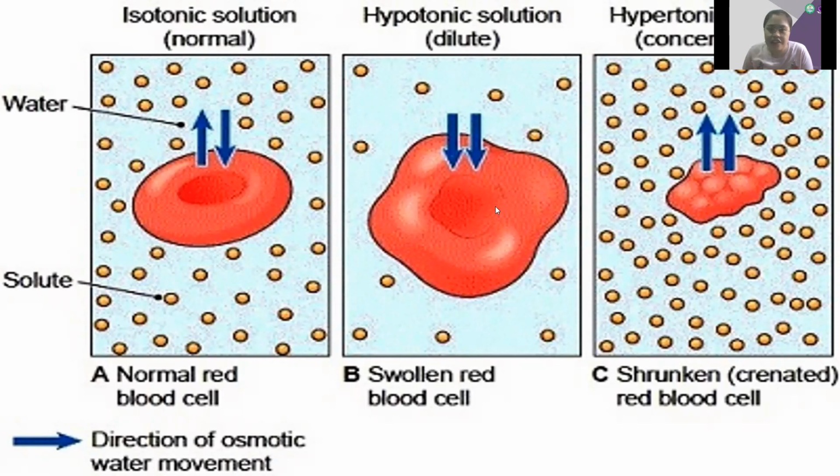Okay? And then you inject a hypotonic solution with a lot of water. So there will be osmosis. The water will now enter the red blood cell, causing it to swell. And then, when it gets too big, it will burst. Okay? That is the risk of injecting a hypotonic solution. The same will happen if we inject pure water.